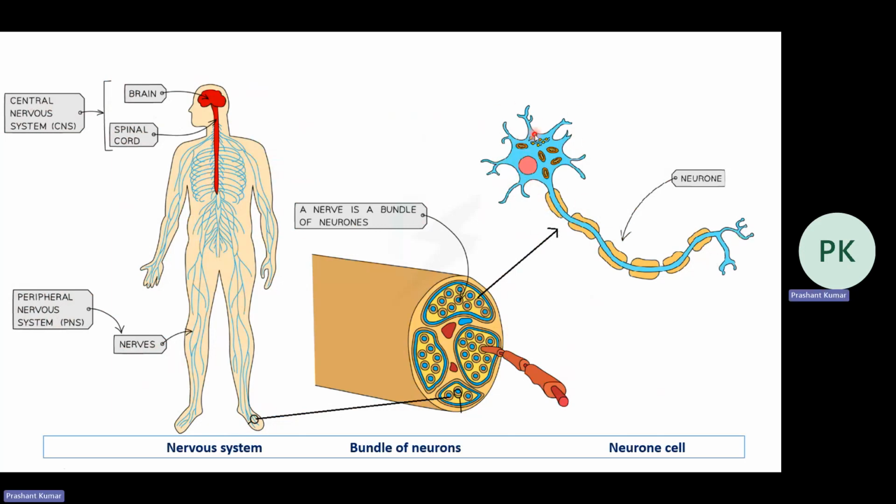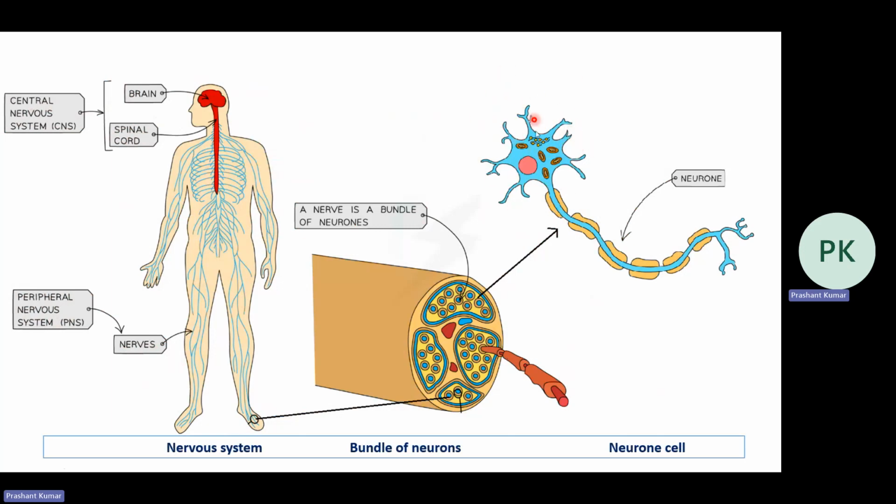This neuron cell is a unique structure. Why unique? Because it is the longest cell. They are differentiated cells. Differentiated means they perform only one function, and the function is to control the transmission of the nerve impulse, right? So this is the cell body.